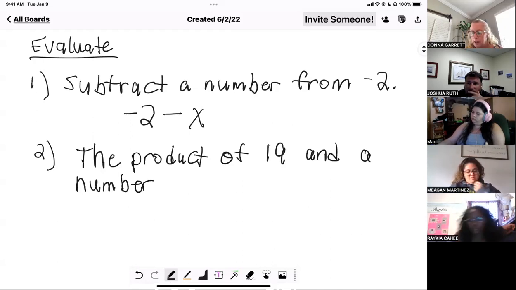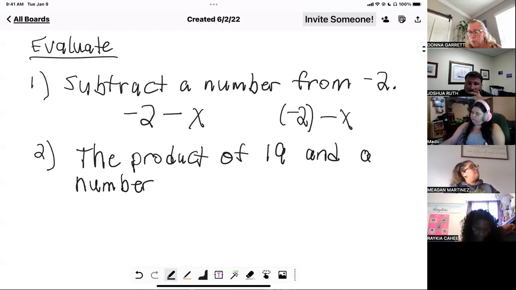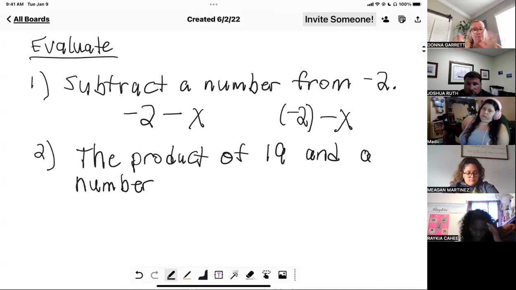A lot of times, your books will definitely show you parentheses around -2. I guess the more you do, the less you put parentheses because you know a little bit more. But I 100% love that. If you want to think of it, it's almost like keeping the negative with the 2. The parentheses put it together. If you prefer putting it together versus keeping it the way I did it, fine. It will not mark it wrong.